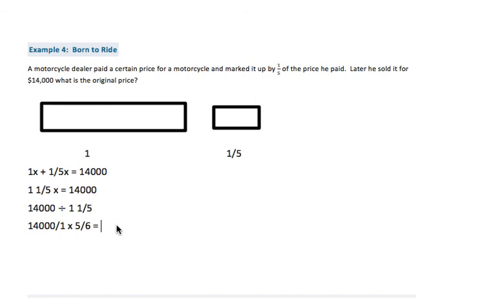Which will give us 70,000 over 6. And when we do that division, we would get $11,666, and rounding to the nearest penny, 67 cents.